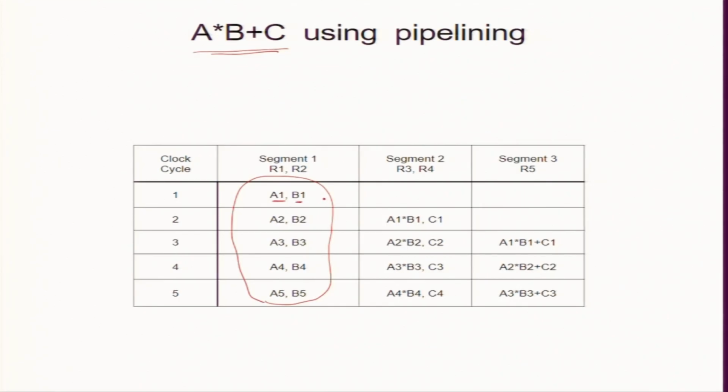In the next segment I can multiply A star B, which resides in register R 3, and then I get C 1 into R 4. So, these are registers R 1 R 2. In the first cycle A 1 and B 1 are kept in R 1 R 2. Next cycle, multiply A 1 B 1 and fetch C 1.